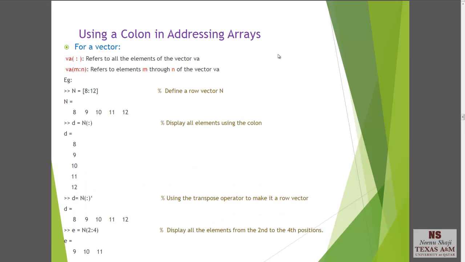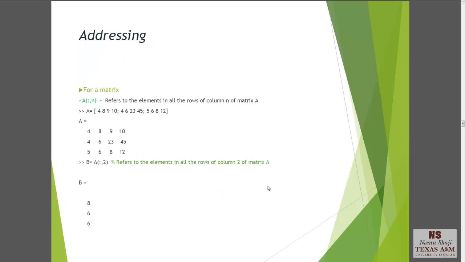Using a colon in addressing arrays, VA of colon refers to all the elements of the vector VA. VA of m colon n refers to elements from the mth position to the nth position. Here are some examples to demonstrate that.